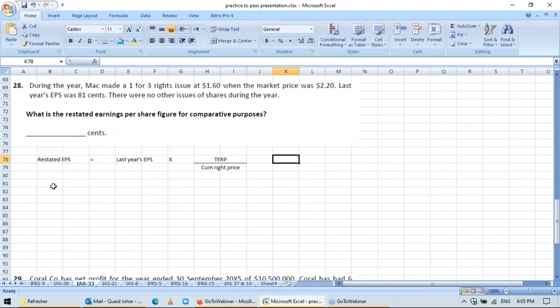So for the theoretical ex-right price, the right issue fraction was 1 for 3 right issue.